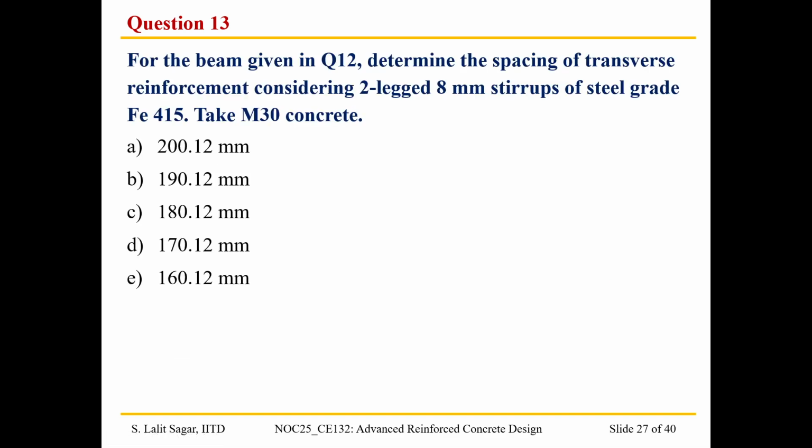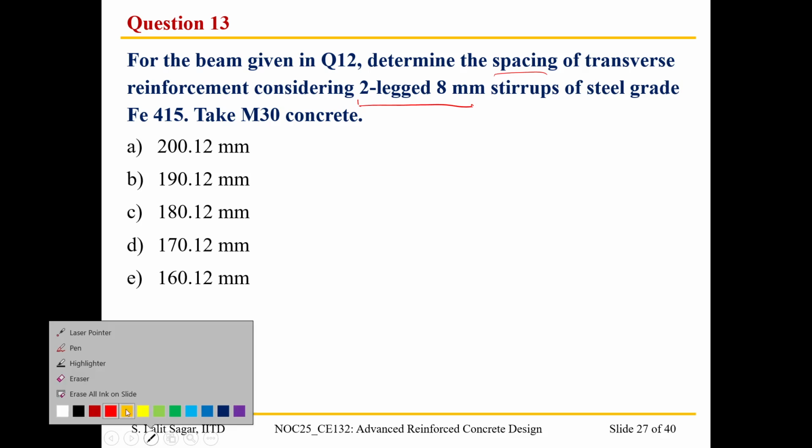Now we'll go ahead and design the beam that is subjected to UDL. For the beam given in question 12, determine the spacing of transverse reinforcement considering two-legged 8 mm stirrups. We'll solve the problem together simultaneously.